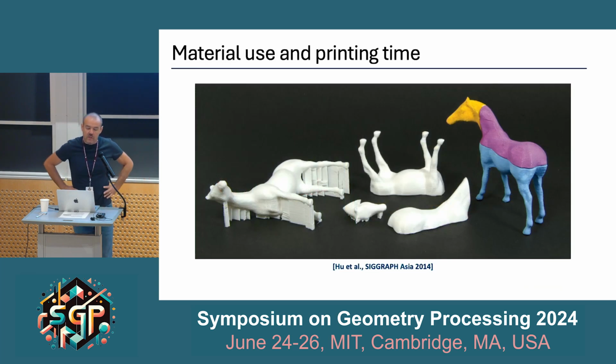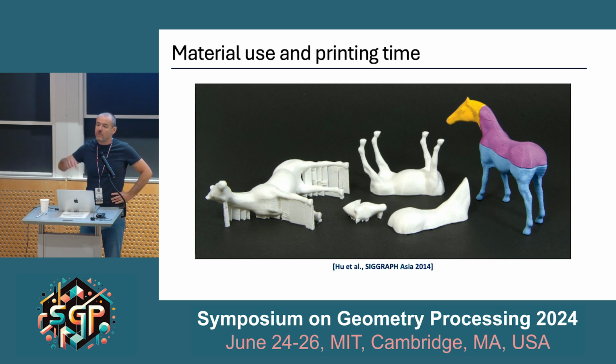Other issues to be considered are the use of material and the printing time. In this case, you may tweak the orientation of the object within the building chamber to avoid the need to build too many supporting structures that consume material, or to minimize the height of the object in the building chamber so that it takes shorter times to produce.